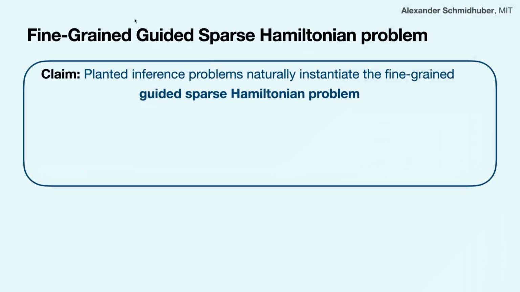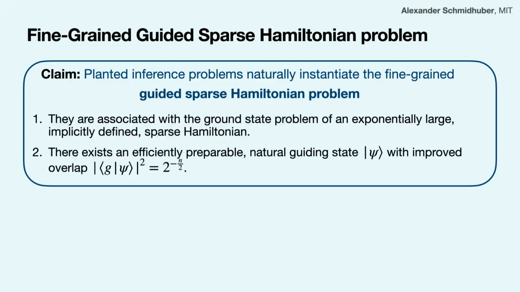So we claim that planted inference problems naturally instantiate what's called a fine-grained version of this guided sparse Hamiltonian problem. That means two things. It first means that the best classical algorithm for solving these planted inference problems already works by mapping it to the ground state energy estimation problem of some exponentially large, yet implicitly defined sparse Hamiltonian.